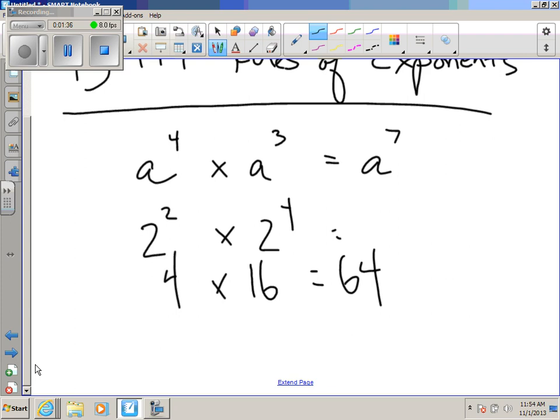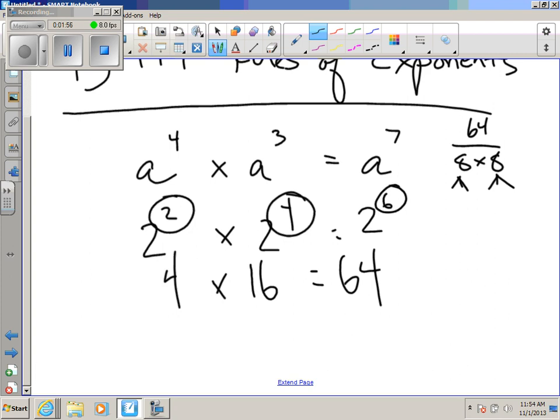So when we break that down, 4 was 2 to the second power, 16 was 2 to the fourth. What is 64? 2 to the sixth power. So what do we do when they had the same base? We essentially just added their exponents.